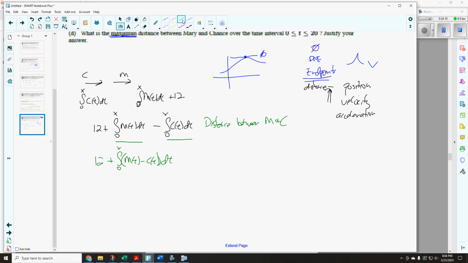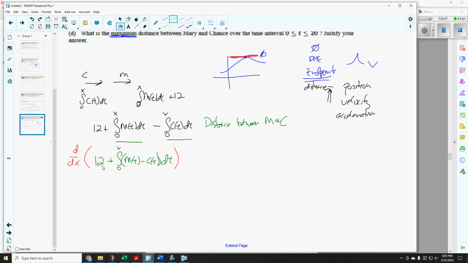Because if you remember when I started this problem, we know that when the derivative equals 0, that is a critical point. And I need to find out what are my critical points where I might have a minimum or a maximum. So I'm going to take this whole thing right here, and I'm going to take the derivative with respect to x.